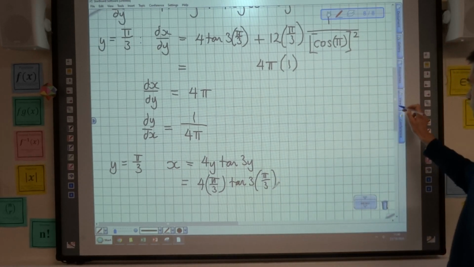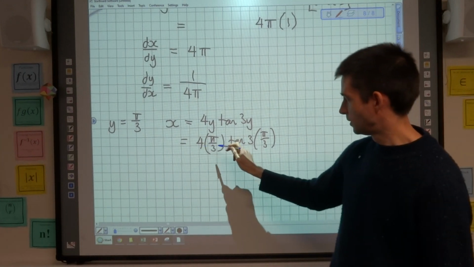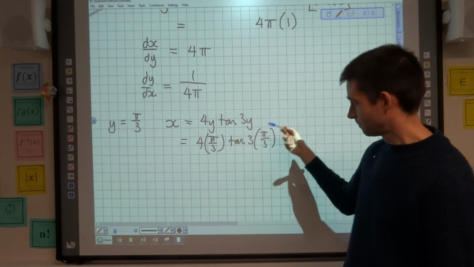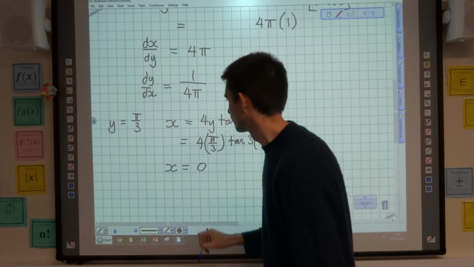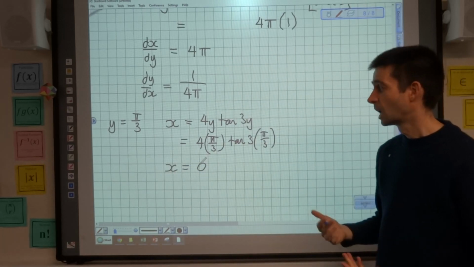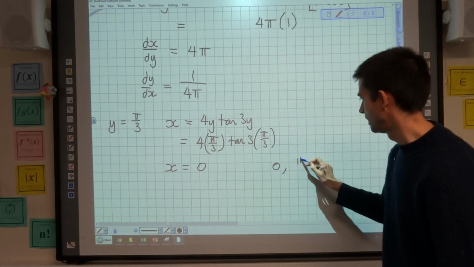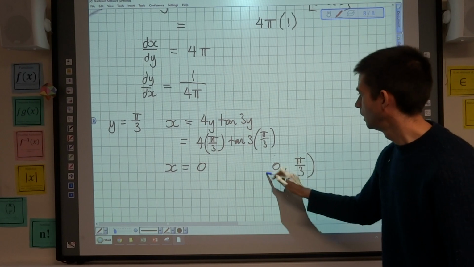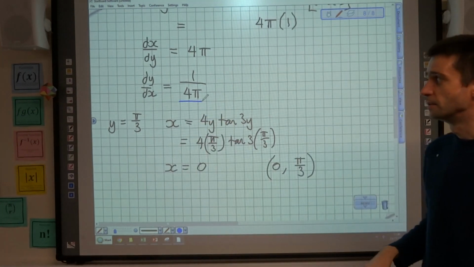So 4 lots of pi over 3, but tan of pi is 0. So this is going to come out as 0. So the coordinate that I'm using is (0, pi over 3), and I have that the gradient of my curve is 1 over 4 pi.